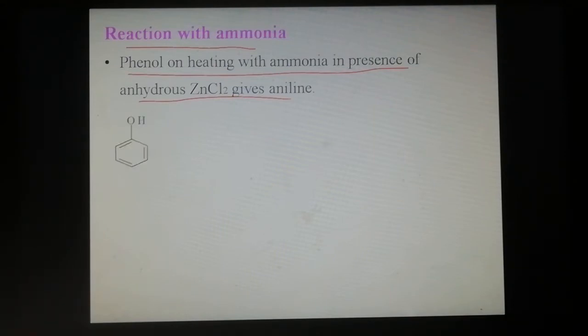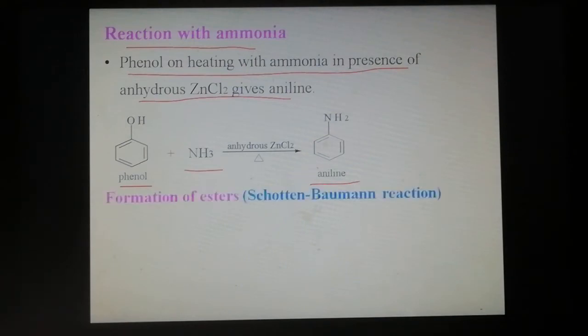So phenol, NH3, heated in the presence of anhydrous zinc chloride gives aniline, C6H5NH2.